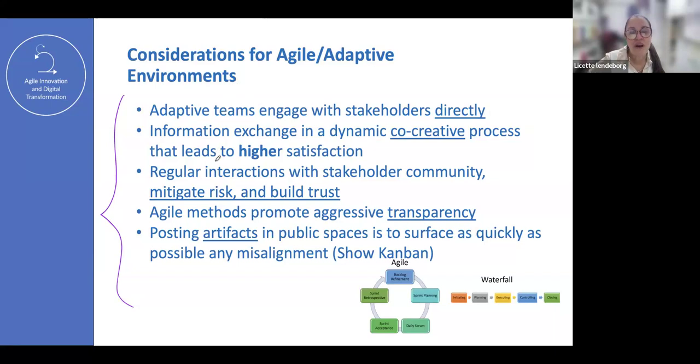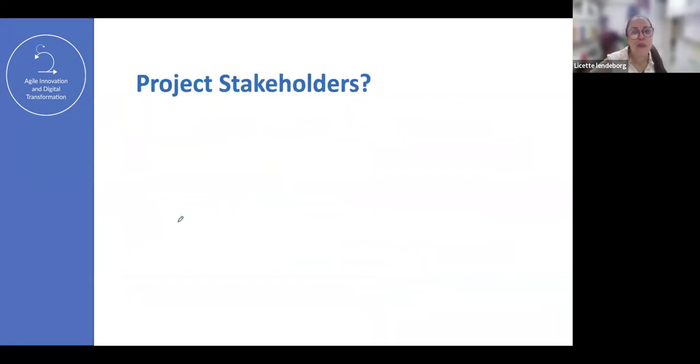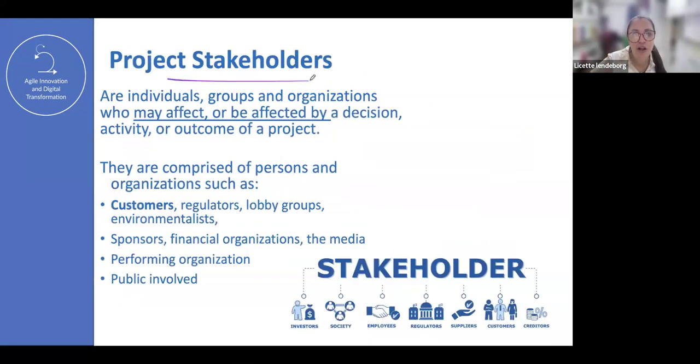So when you're talking about stakeholders, it's about any individual or any organization that can be impacted by any objective of the project. So it's everybody. By definition, stakeholders are individuals, groups, and organizations who may affect or be affected by a decision, activity, or outcome of a project.